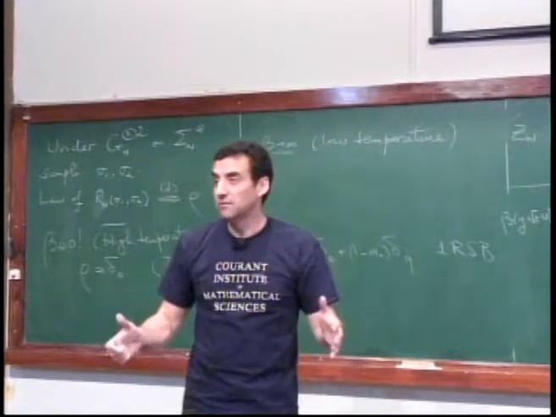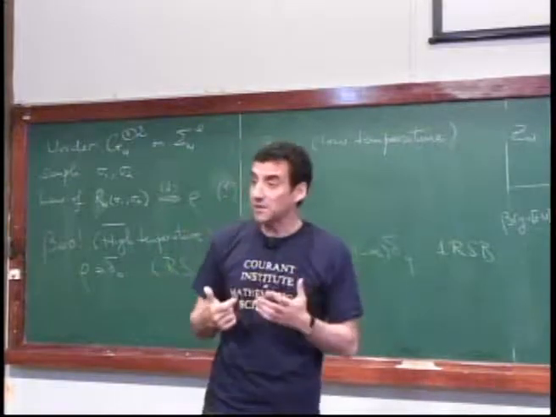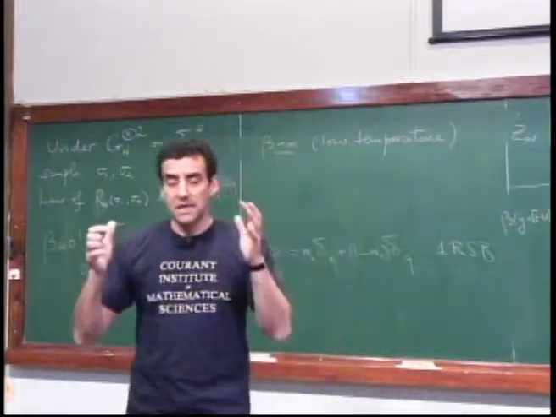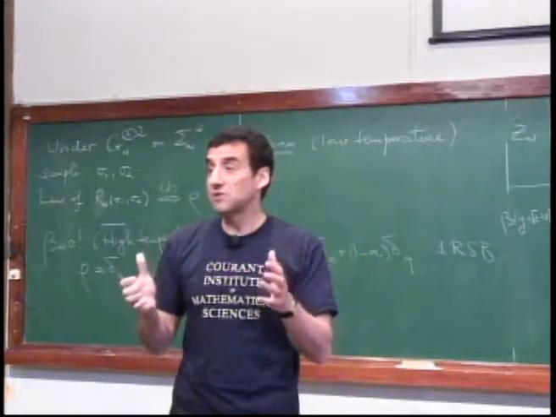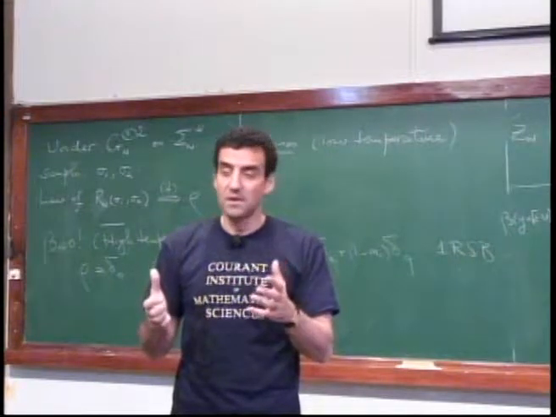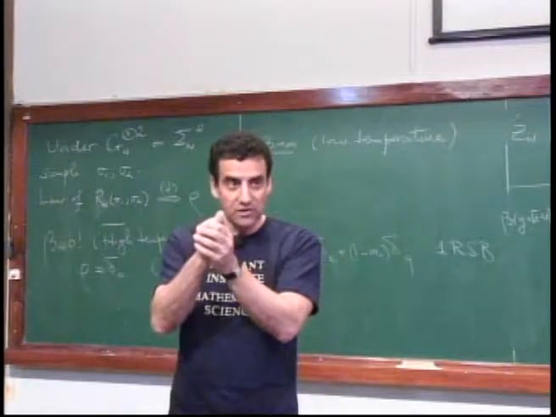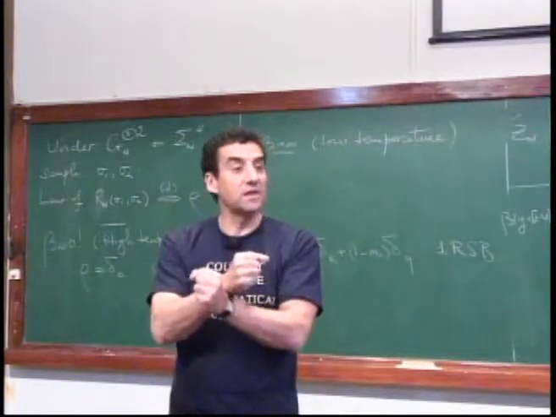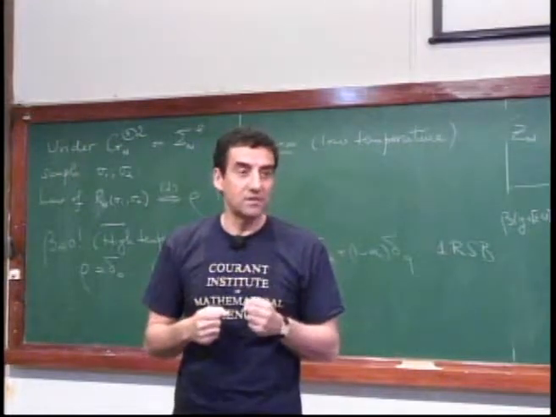It's a tree. What I'm saying basically is that at low temperature, if this picture is to be valid, the support of the Gibbs measure has essentially the structure of a tree. That is, you have regions and regions inside regions and regions inside regions, etc. And this is the structure of a tree, which is usually called ultrametric.